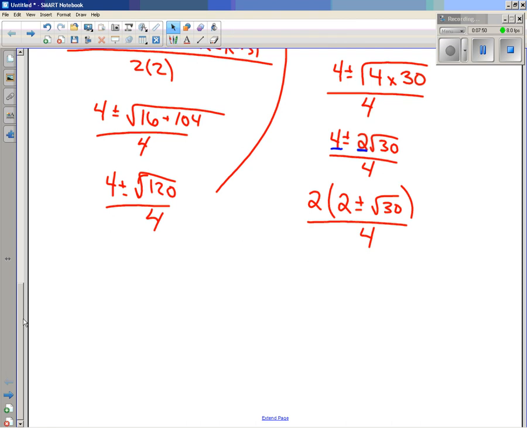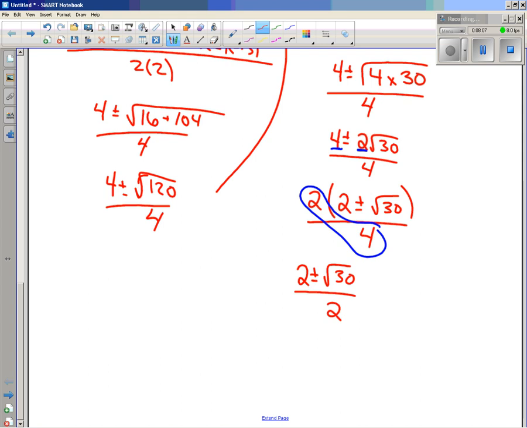Okay, and then you're looking at that. Can I reduce 2 over 4? And you can divide them both by 2, and we can get an equivalent expression of 2 plus or minus root 30 over 2.